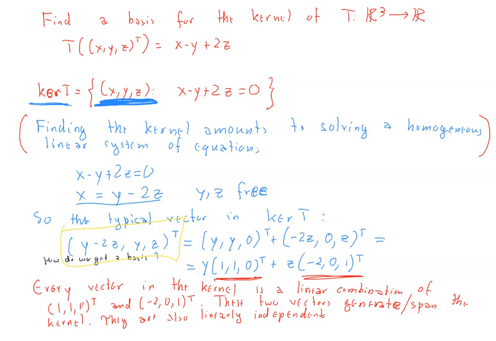So they're linearly independent. This means that they form a basis. And the dimension of the kernel is equal to 2. Okay?